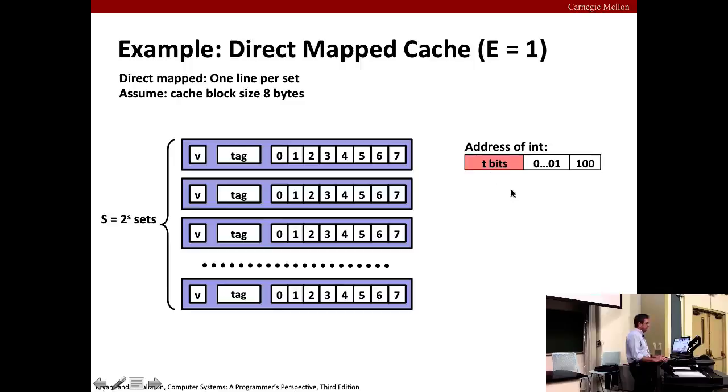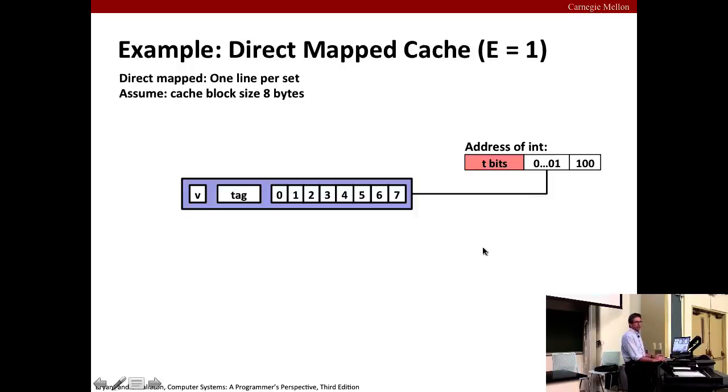So the cache extracts the set index, which is 1, and then it uses that as the index into the sets. And then it just ignores all the other sets. If the block we're looking for is in the cache, it's going to be in set number 1.